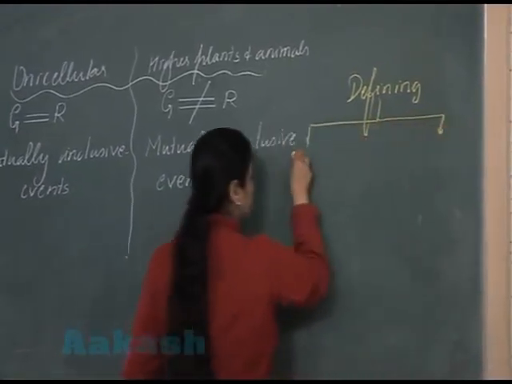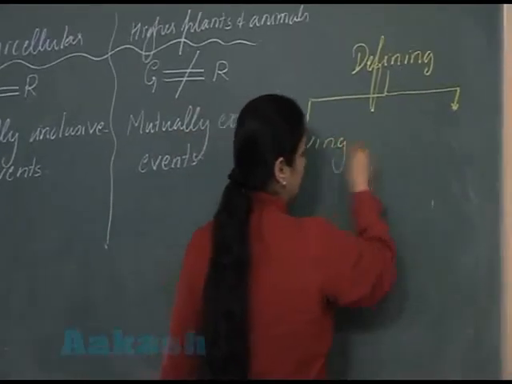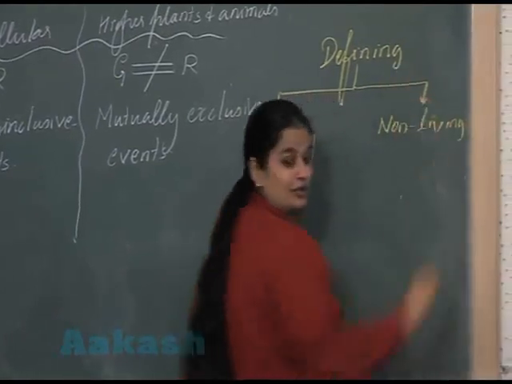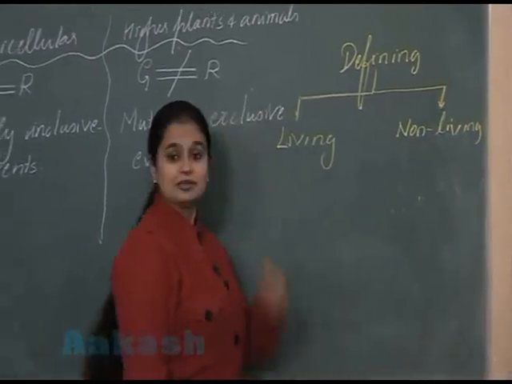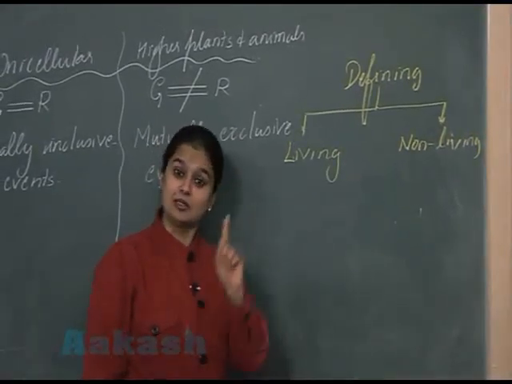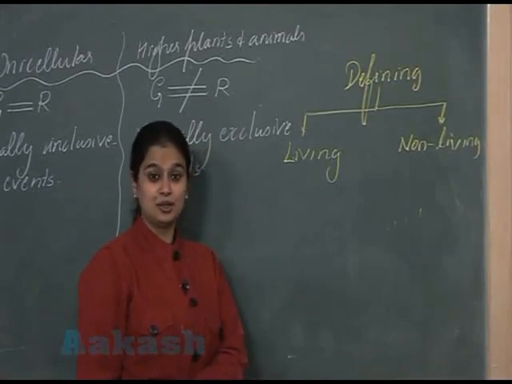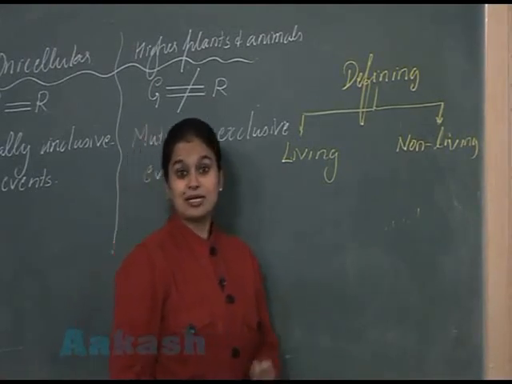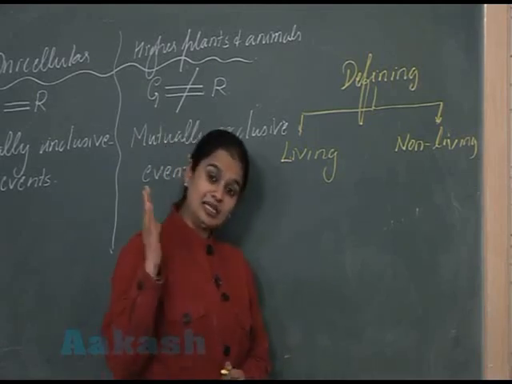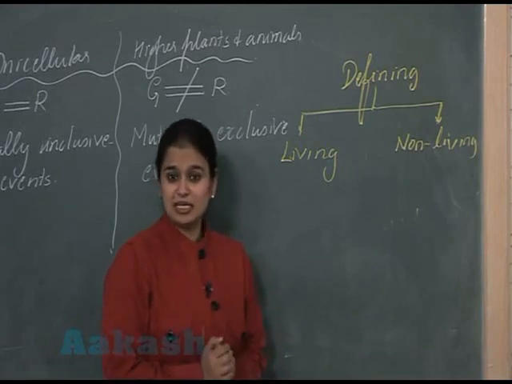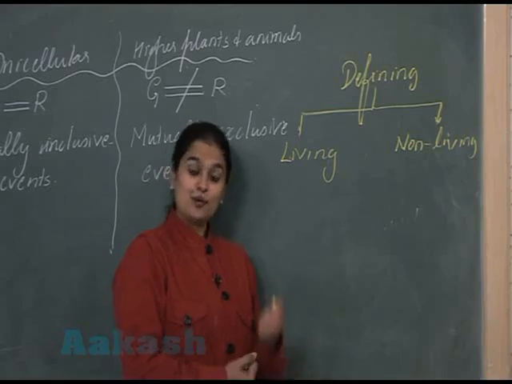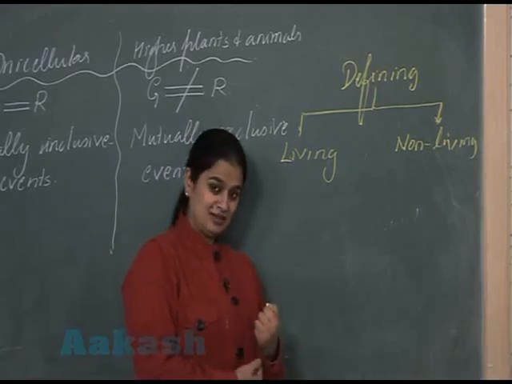So let's see the status of reproduction in living and non-living. Living. Is reproduction present universally in all the living organisms? No. There are certain organisms in which the reproduction capacity is absent, like mule, worker bees. Along with that, there are certain human couples who are also sterile.